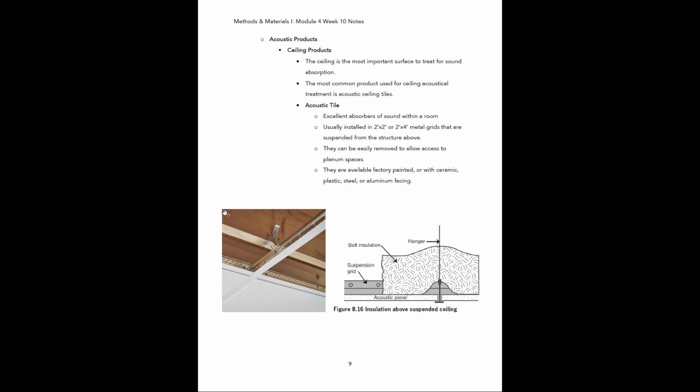If you look at these two images I have here, this is basically a better look at how an acoustic ceiling system is going to be suspended from the structure above. You can see we have this little bracket that is nailed into the joist, and then it has a wire that runs through it that is going to be hooking into the ceiling grid below.